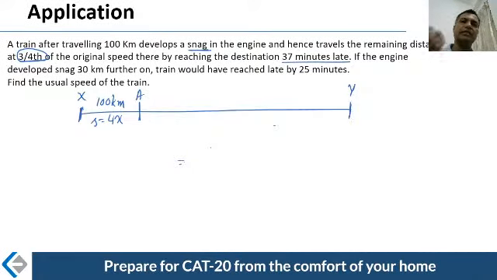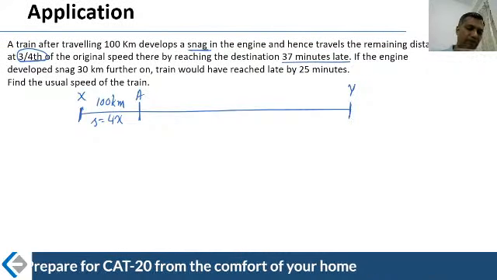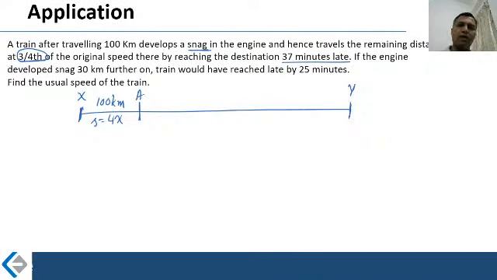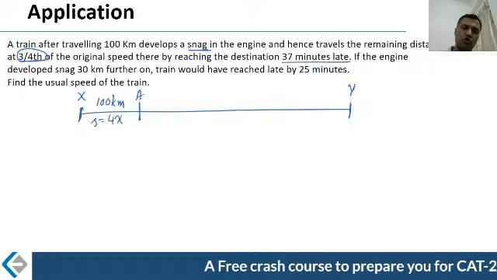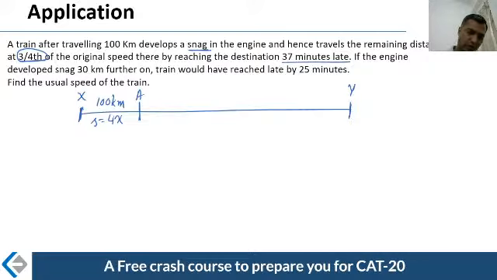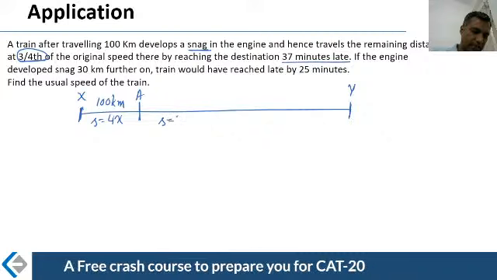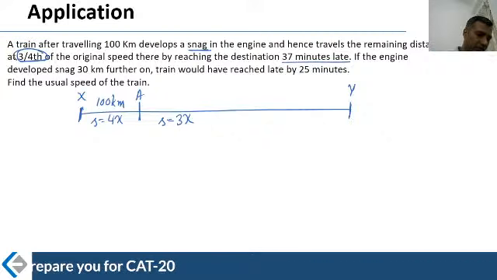So you take it as 4x, and therefore 3/4 of 4x becomes 3x. It's easy to write. Simplify your life, rather than writing too many fractions. Make suitable assumptions. Anyway, you have to assume, so instead of assuming x, why don't you assume 4x? So the speed is 4x, and the rest of the distance it traveled with a speed of 3x. That's the meaning of 3/4.